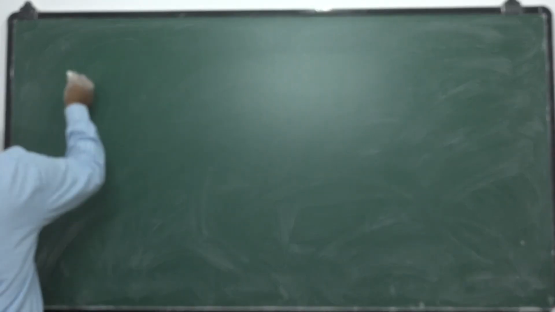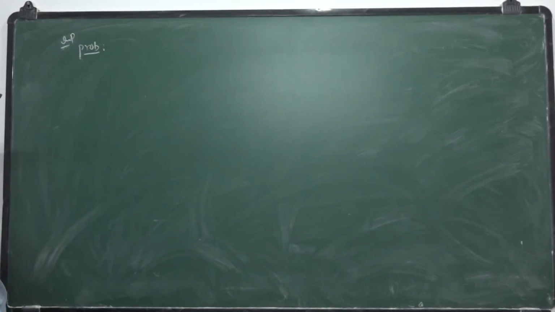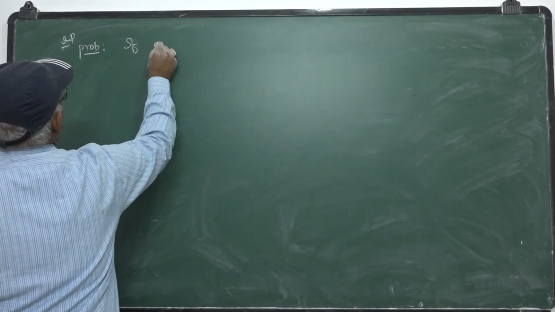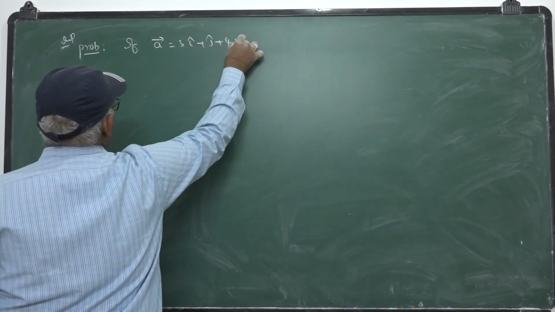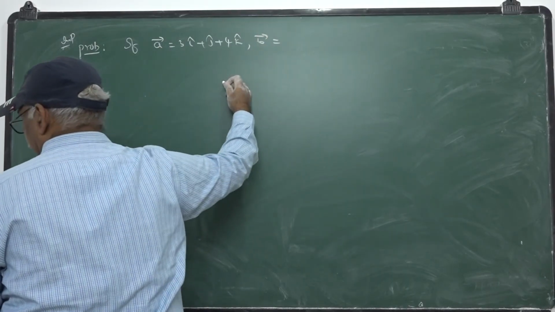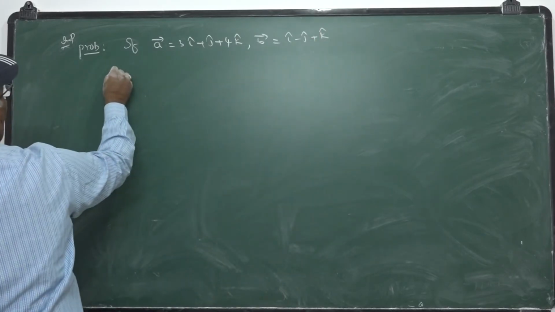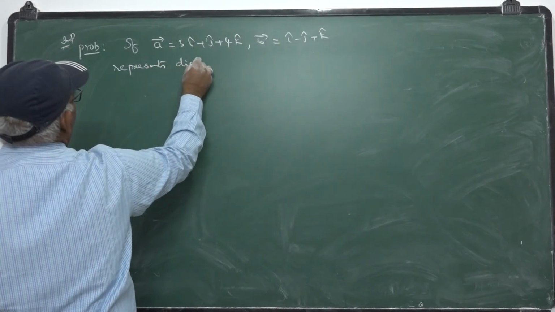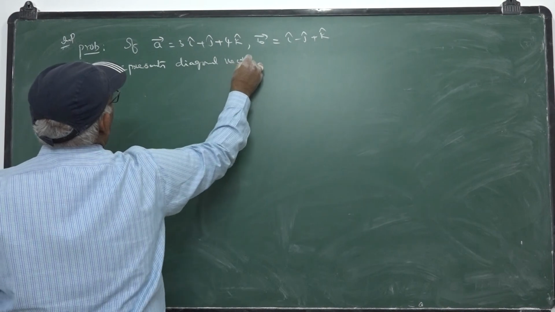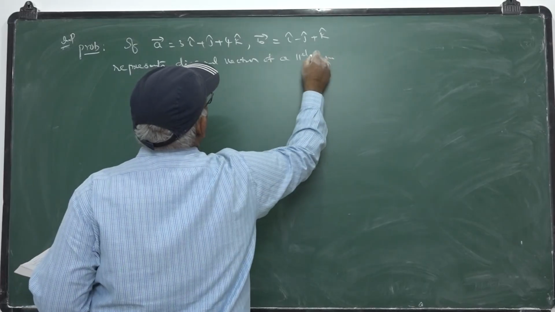Next problem. This is also one important problem. If A bar equal to 3i plus j plus 4k and B bar equal to i minus j plus k represent the diagonal vectors of a parallelogram, then find its area.